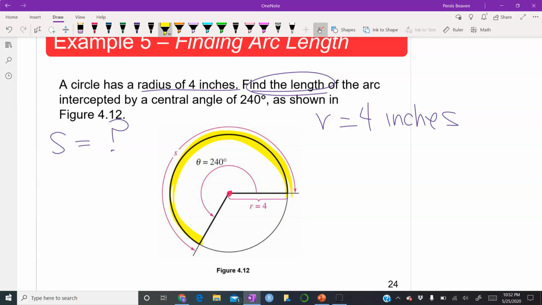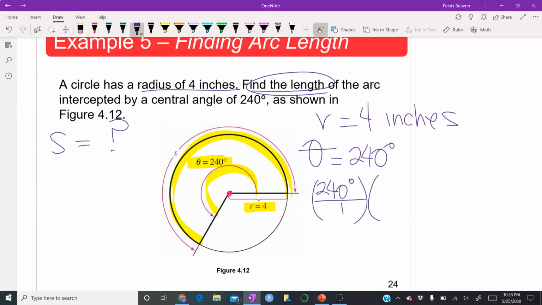We're looking for how long that will be based on the central angle being 240 degrees and the radius being equal to 4. So we could definitely use a formula, but first we need to convert our angle into radians. And so we want to cancel degrees. So we need to use the unit conversion factor that has degrees at the bottom so that we could cancel those units. And so what do we need here on top? That would be pi.